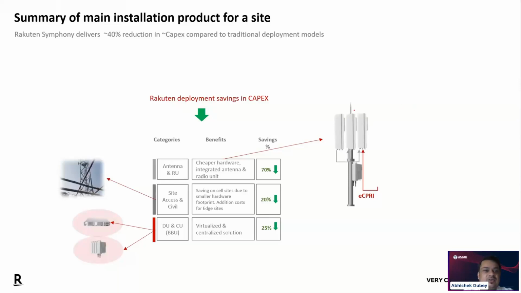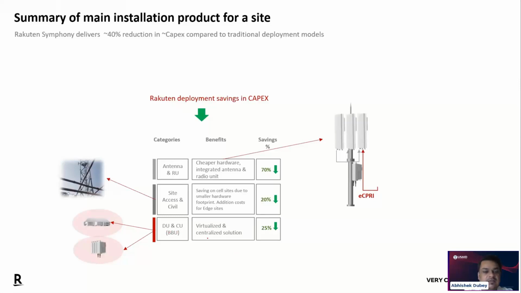Okay, so let's get started with a summary of the main installation product for the site, and I'm also going to tell you something about the Rakuten deployment, which we already did in full phase. We have covered 96% of areas of Japan through Rakuten Mobile. So the main components for the installation are the DU, the CU and the RU.